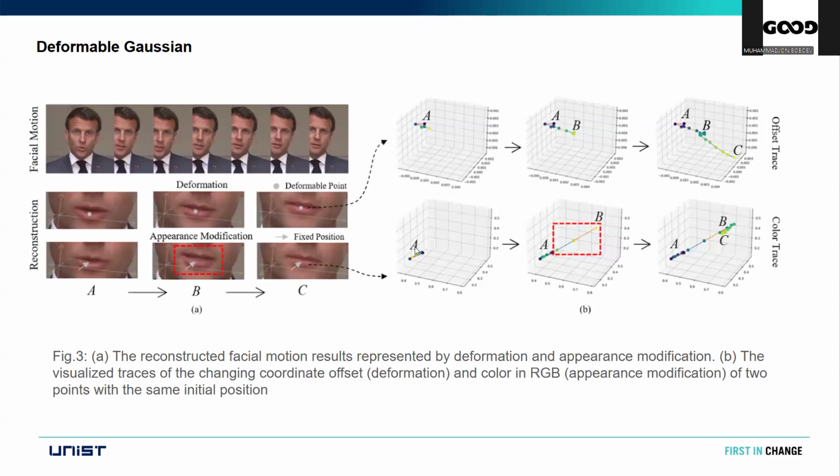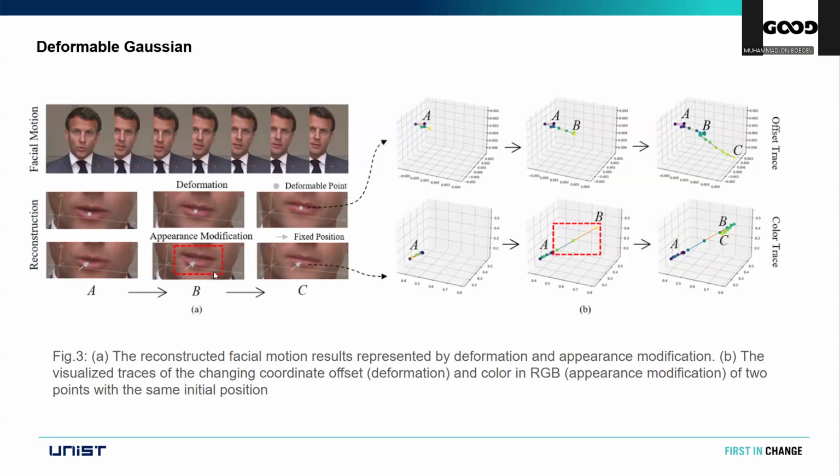This is the qualitative result they have in order to show the deformable Gaussian primitives. The reconstructed facial motion here is represented by the deformation and appearance modification. So here, from the initial position, they try to track how the dynamic change happens across positions. On the upper side, you can see the offset trace, where they trace how the point changes frame by frame.